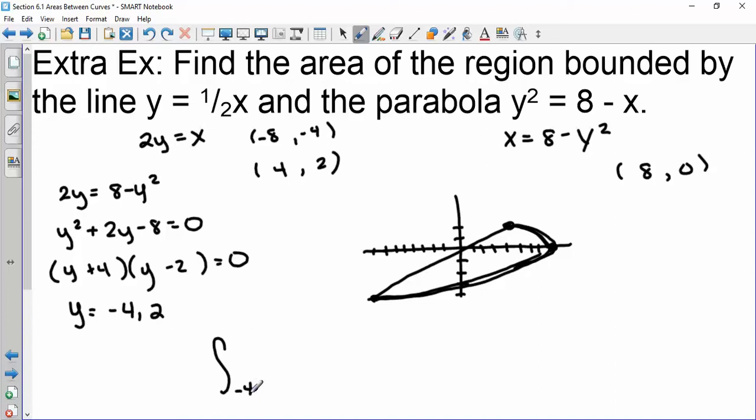So if I'm doing the y's, we go from small to large, so -4 to 2. You have to do right minus left. So which one is on the right? Minus the left is the 2y.